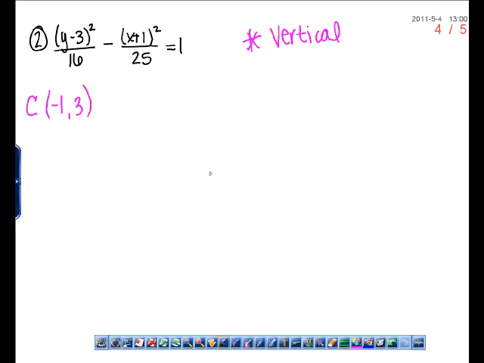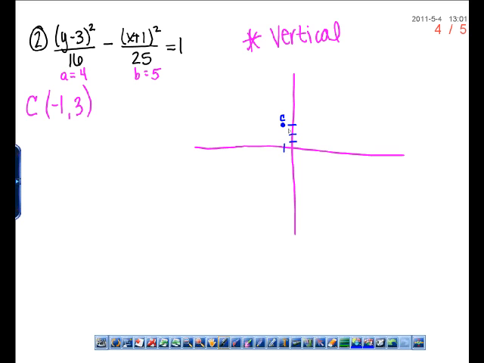Let's decide A and B. What's our A value? A is 4. A always comes first. What's our B value? 5. So let's plot this. -1, 3 for my center. All right.